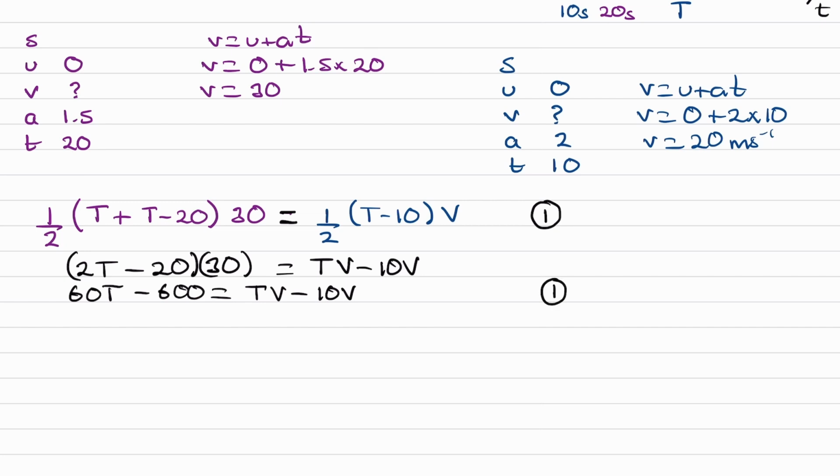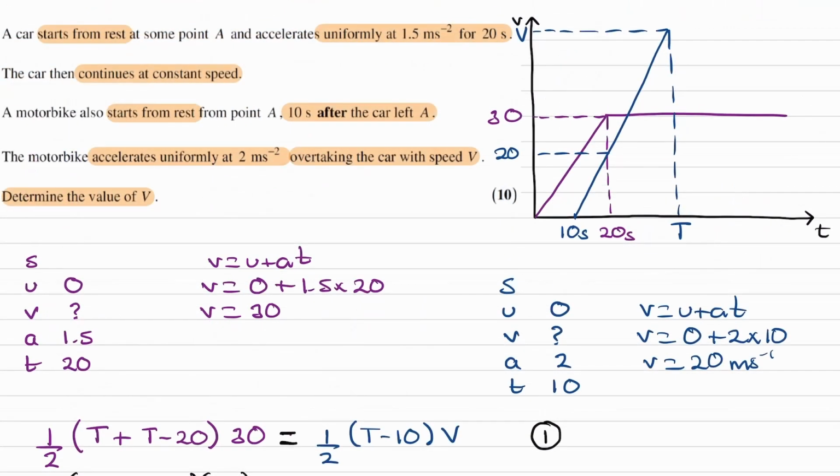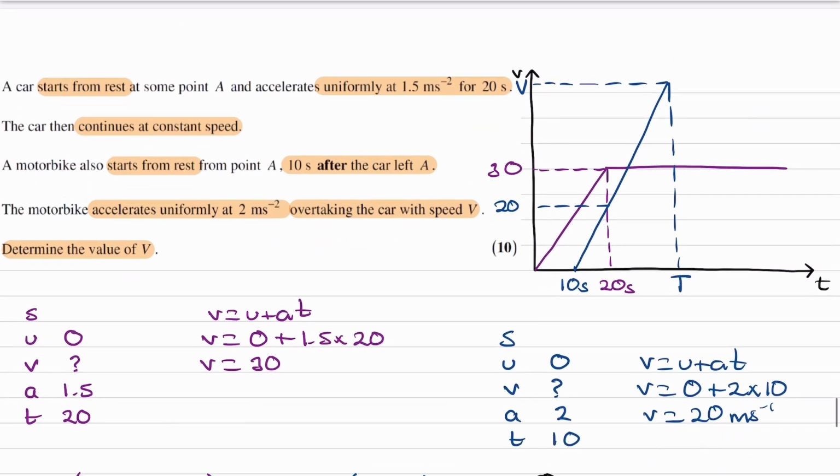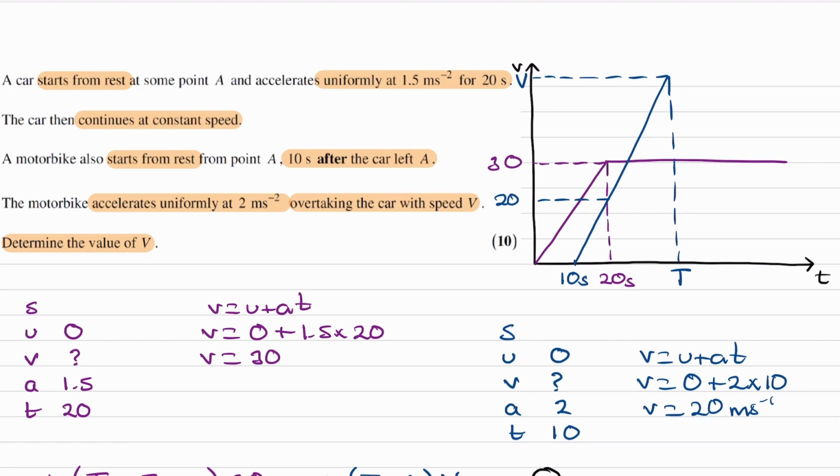Now, we want to get another equation which involves t and v. Acceleration is 2, we know that. Acceleration is equal to change in velocity over change in time. So if we think about the motorbike's journey, the motorbike starts at a speed of 0. It ends up with a speed of v. So the change in velocity would be v.